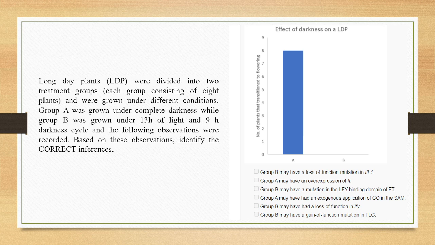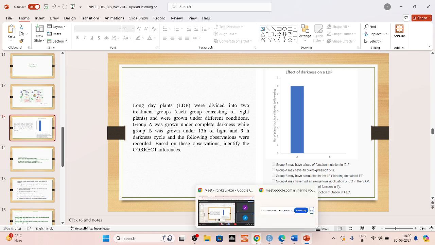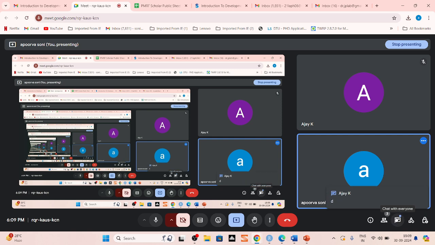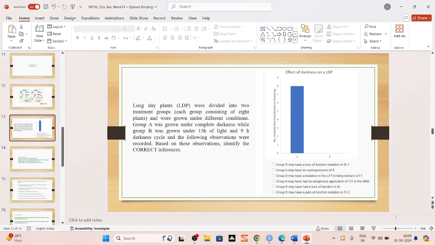Okay, now I will switch the screen. Okay, A, C, and D. So A, that is group B, may have a loss of function mutation in TFL1.